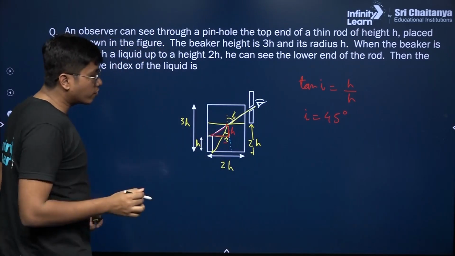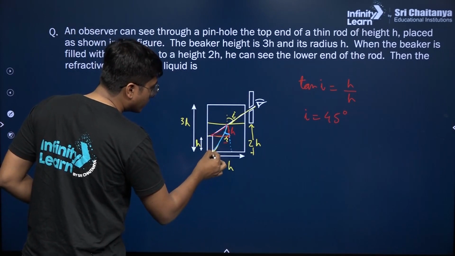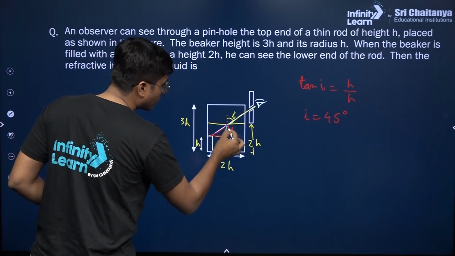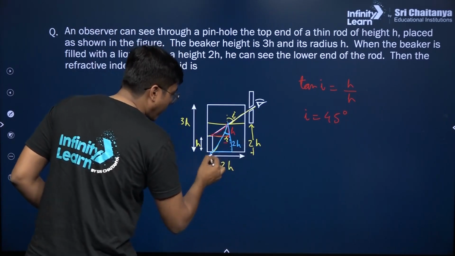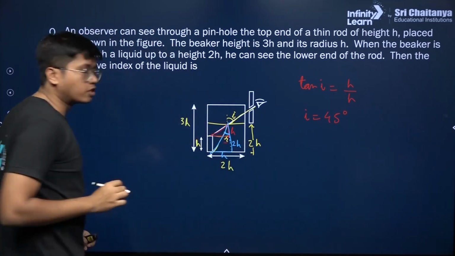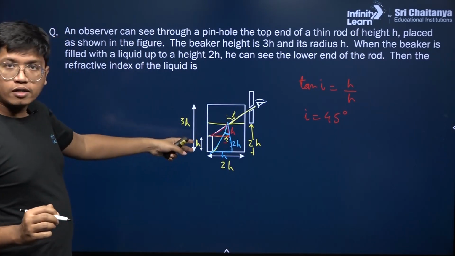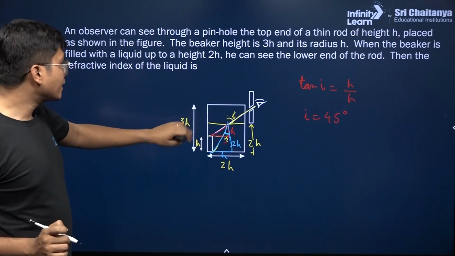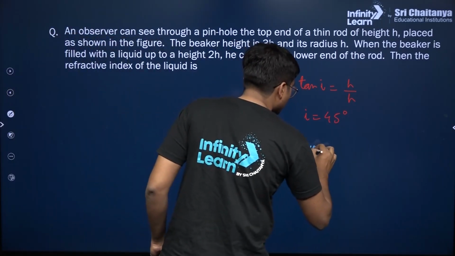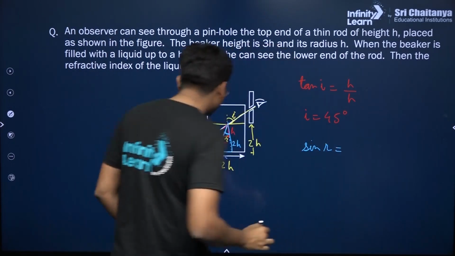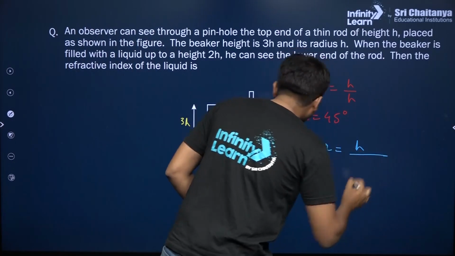So according to the angle of refraction, you have this angle R here. Now we take this triangle where the height is 2h and the base is just equal to h. The sine of R would be equal to the opposite, h, divided by the hypotenuse.